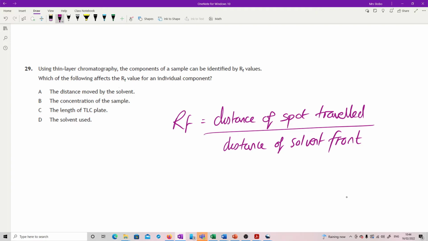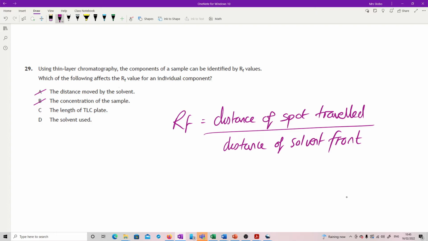The distance moved by the solvent. No, because that will just increase the distance moved by the spot. You know, this is just going to end up as a fraction anyway, so no. The concentration of the sample. That is going to make it easier to see, but it's not going to change where it ends up. The length of the TLC plate, well, this is a fraction.